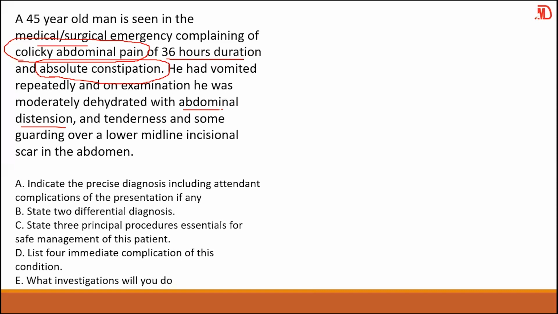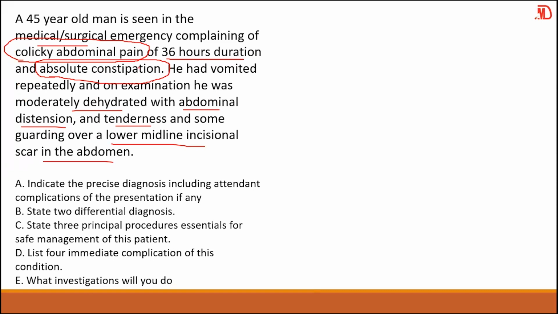So absolute constipation, abdominal distension, tenderness, and guarding over the lower midline incisional scar in the abdomen. And look at it, there's also what? Dehydration. So please, colicky abdominal pains, absolute constipation, dehydration, abdominal distension, tenderness, never forget them.